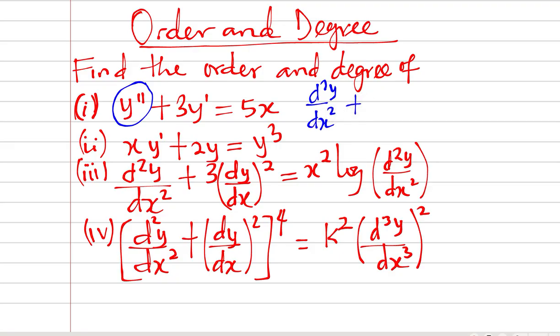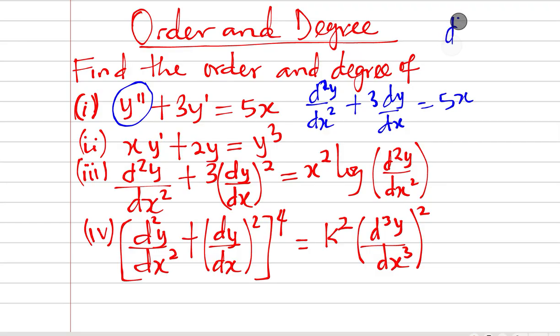Plus 3y prime, that is 3 dy dx, equal to 5x.